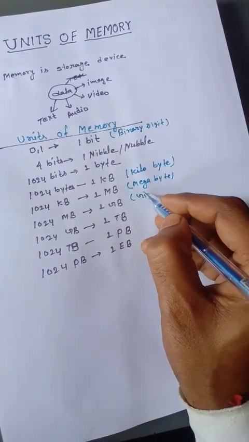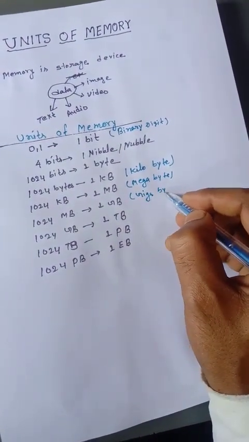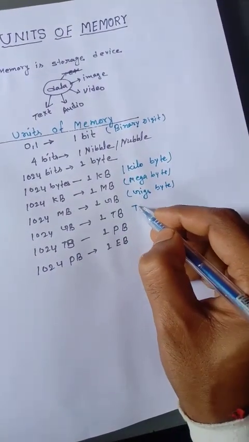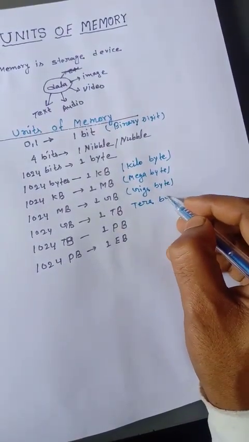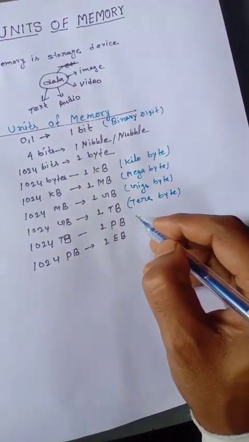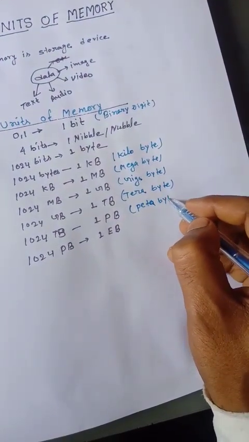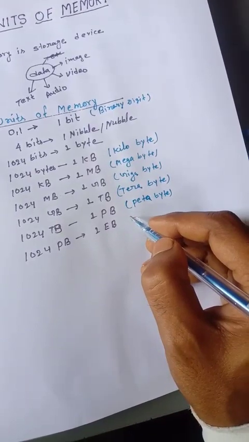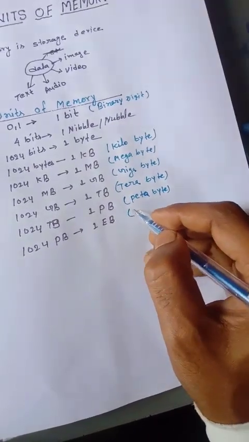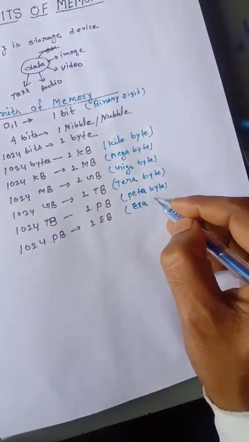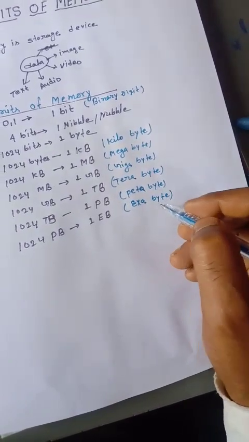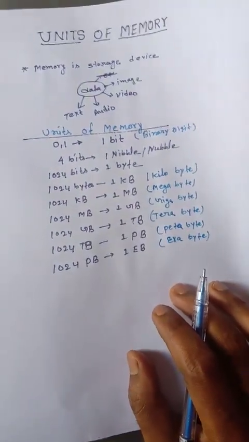GB stands for gigabyte. TB stands for terabyte. PB stands for petabyte. And EB stands for exabyte. So these are the units of memory.